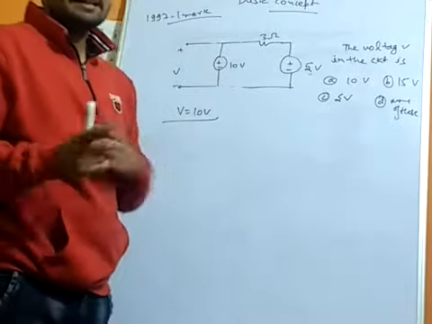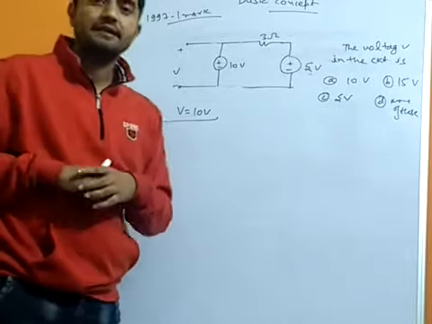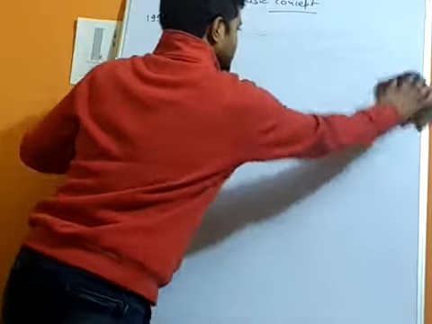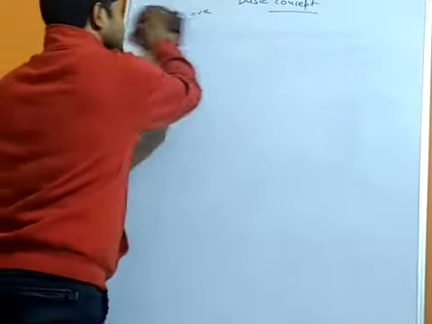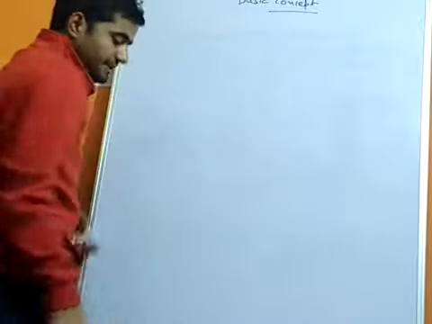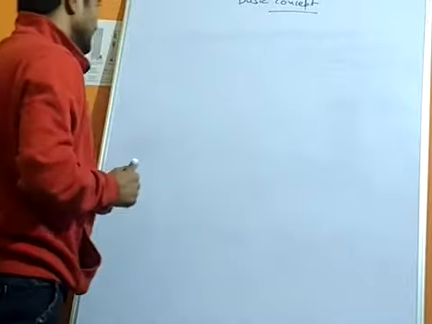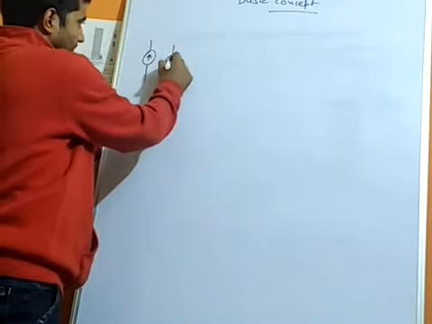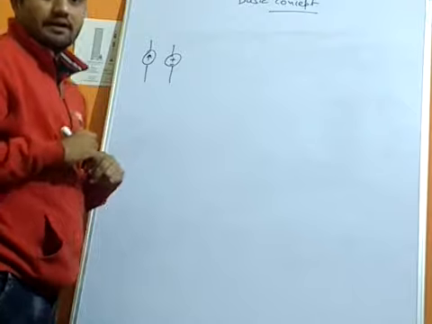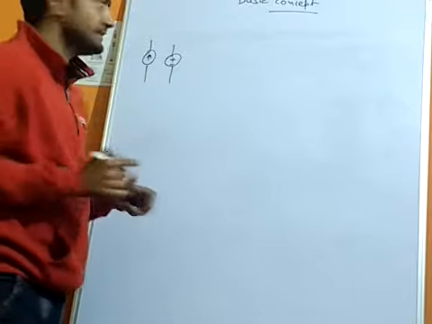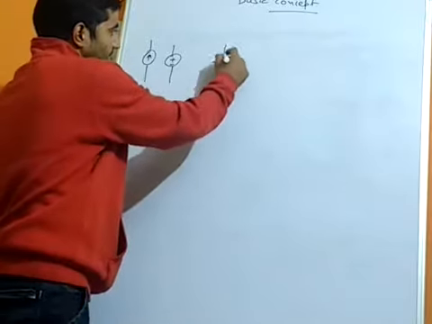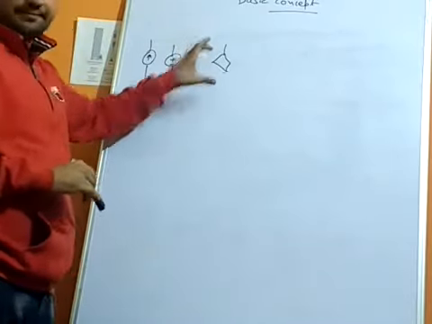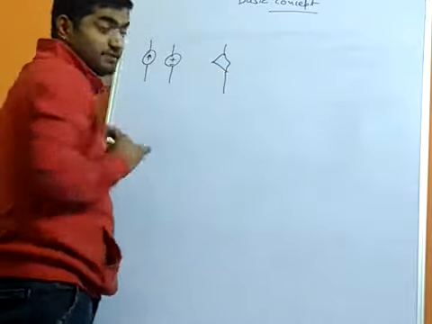Now we check the last topic in this lecture, and that is dependent sources. Just now we considered the current source and voltage source as independent, and they were denoted by a small circle, either current or voltage. But a dependent source is denoted inside a diamond shaped symbol.